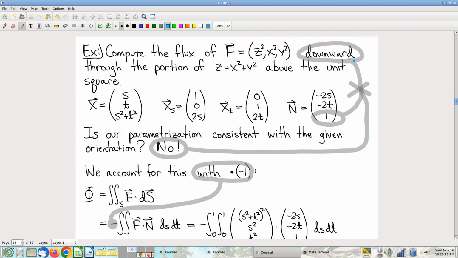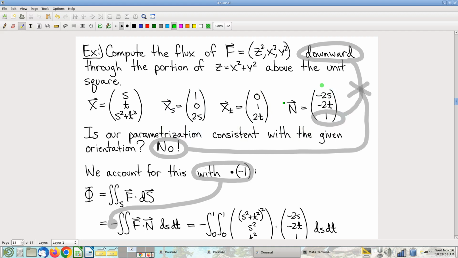What we're going to do, as I said before, is step one, don't worry about it. Parameterize however you like. It doesn't matter. Just any parameterization. This is a graph. I like graphs. I'm going to use the graph parameterization. Boom. And then proceed. Take your partials, take your cross product. Now you've got your capital N vector. Here's where you have to stop and pause.